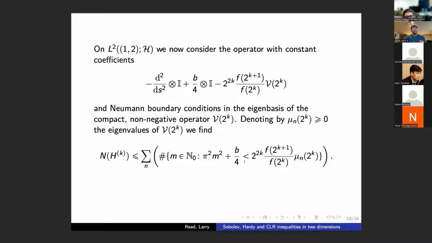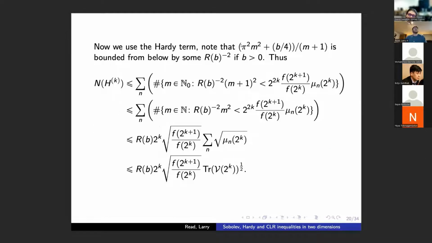So by using the Hardy term, we have that this expression here, where you divide through by (m+1) squared, is bounded below by some constant. Now, then you can estimate this above by this, even further by this expression here.